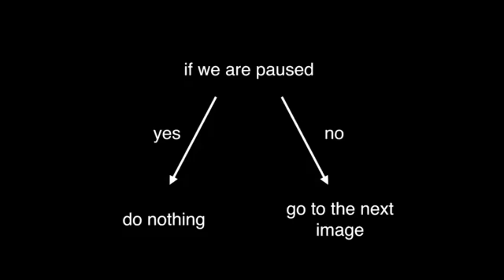But before we do that, I want to look in a little bit more detail at this yes and no. Because we need to be able to say what is yes, what is no. And we've got a way of representing that inside a computer. Yes is true, so if the fact that we're paused is true, we do nothing. If it's false, we have to do something and go to the next image.